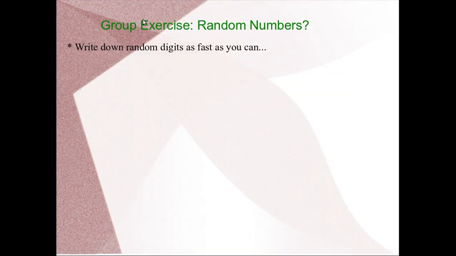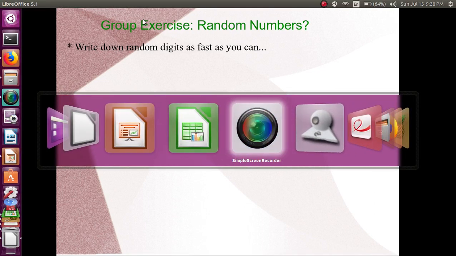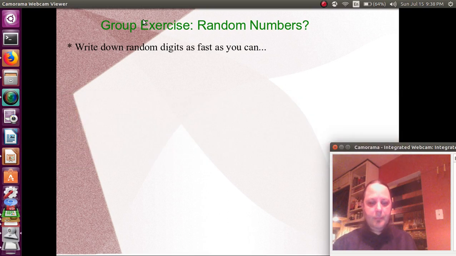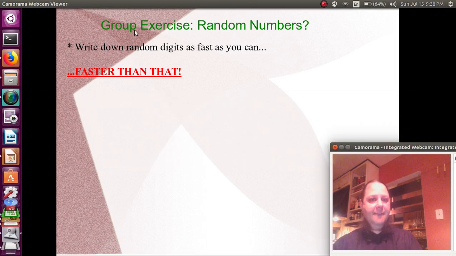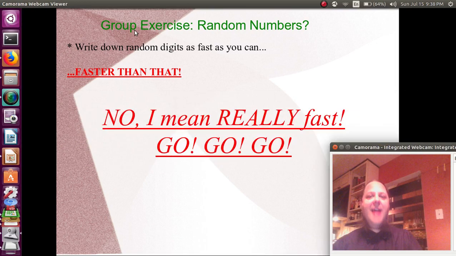Okay, all right, so write down random digits as fast as you can. Ready, go! Faster than that. Really fast. Go, go, go. Write random digits as fast as you can. Keep writing. Faster, faster, faster.